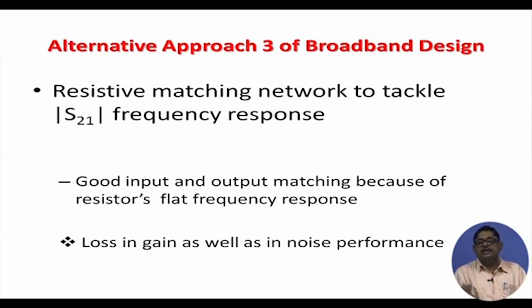Also due to resistance, you will add more noise, so the noise figure will also shoot up. Now, this is also another approach. We also have seen many times that in resistive loading we have stabilized transistors. Similarly, here we are doing broadband with a resistive matching network.